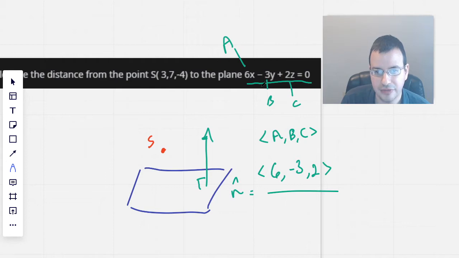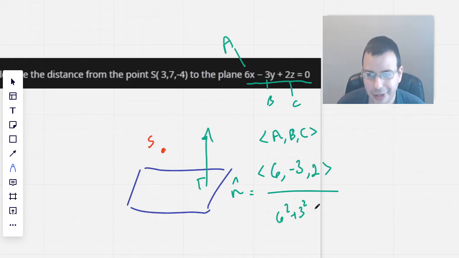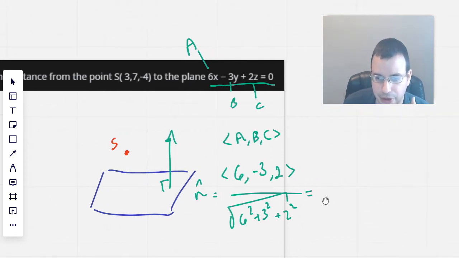We're going to divide by the magnitude of this vector, which is going to be the square root of 6 squared plus 3 squared. Actually, it's negative 3 squared, but the negative is going to disappear. Basically, just the Pythagorean theorem.